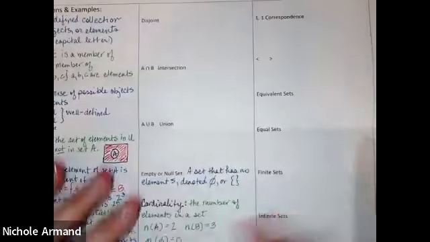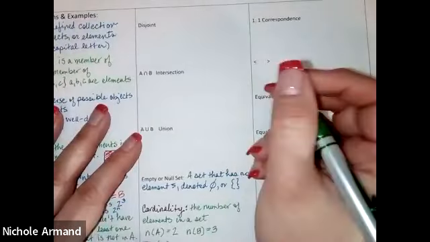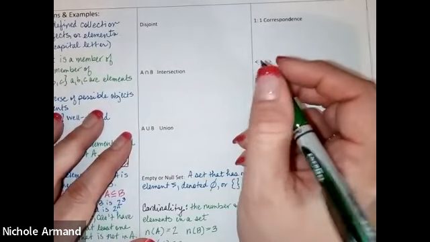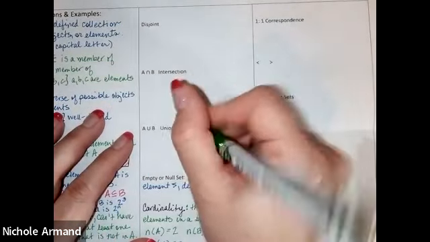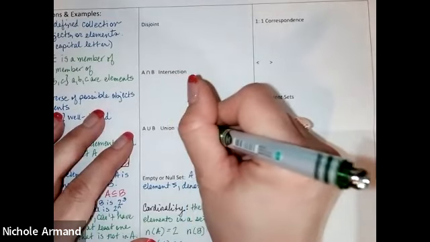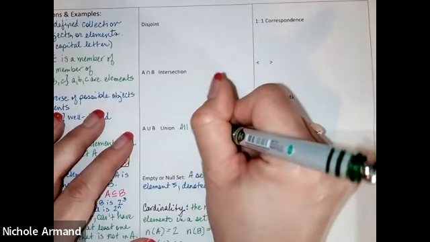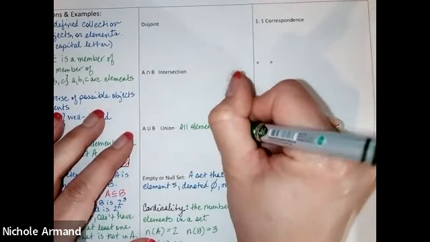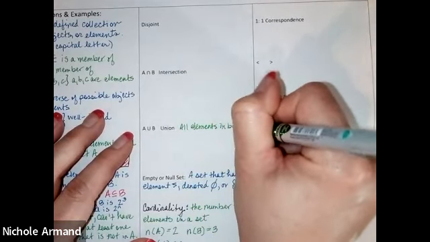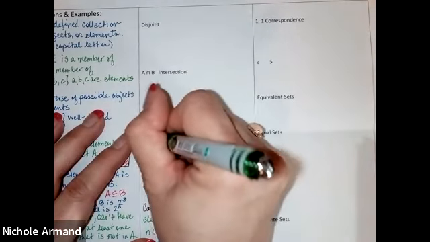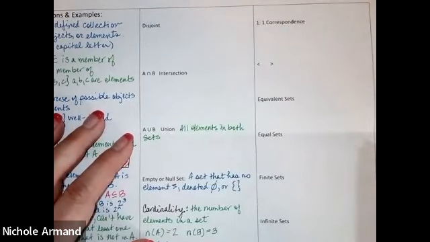So the union is going to be all of the elements in both sets. The U, the symbol, is called the cup.